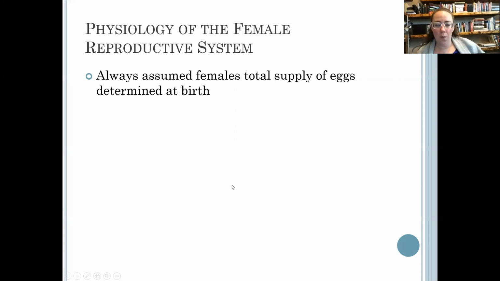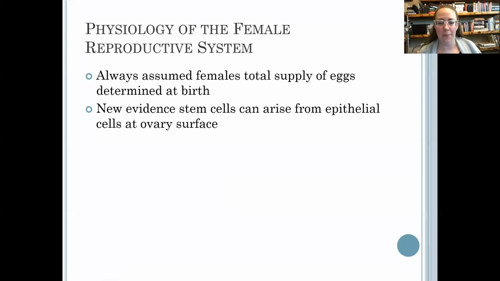Now, physiology-wise, it's always been assumed that females were born with their determined number of eggs, and that there's no way to make more eggs at that point. There's been a lot of new evidence to suggest that some stem cells can give rise to more cells at the ovary surface, but I don't know how new this information is.